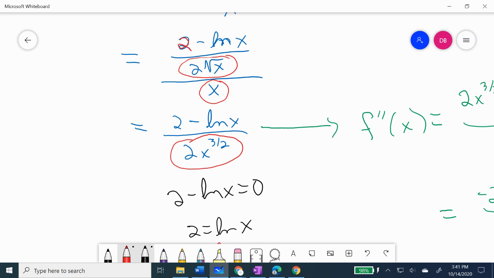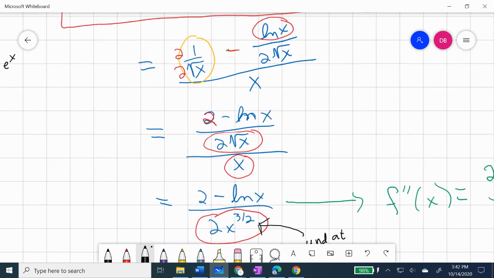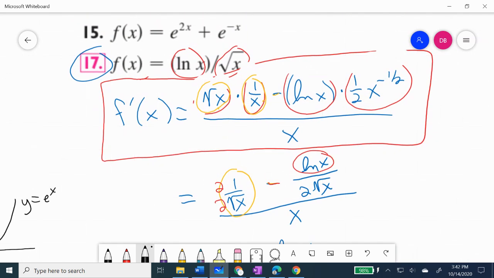I also have an issue of undefined at x equals 0, because that's what makes the denominator 0. But if I'm dealing with a logarithm, I actually kicked this problem off with half of a domain. What I mean by that is half of the real numbers were in the domain.